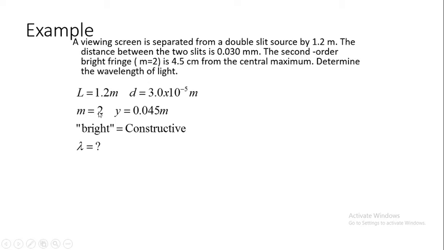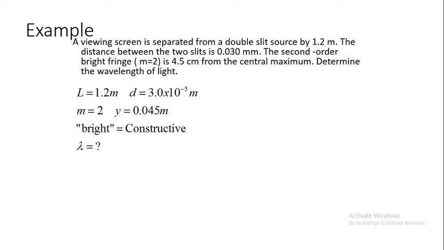So that's M equals to 2. And of course, the Y, the distance of the second order bright fringe from the central maximum, which is 4.5 centimeters or 0.045 meters. So ano yung napangita? Ang aton nga wavelength of light.